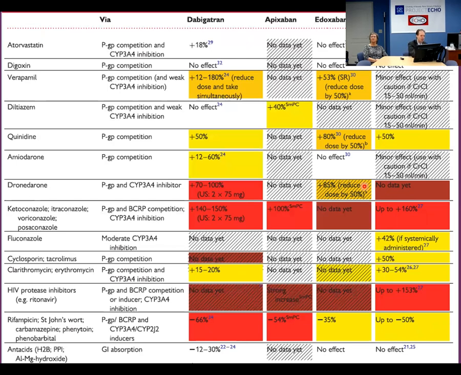The main ones to keep in mind really are the azole antifungals. As you can see, kind of across the board, they do increase the relative effective dosing of almost all the oral anticoagulants. The protease inhibitors increase the bioavailability of Xarelto, and rifampin does modulate somewhat most of the oral anticoagulants.